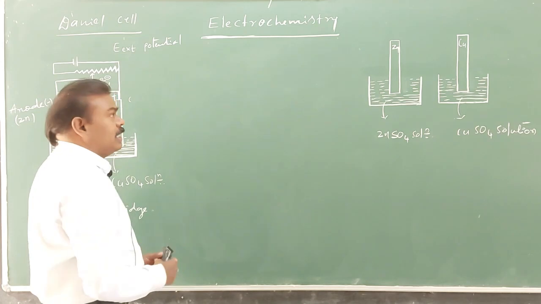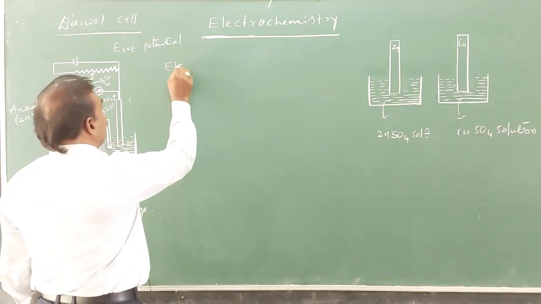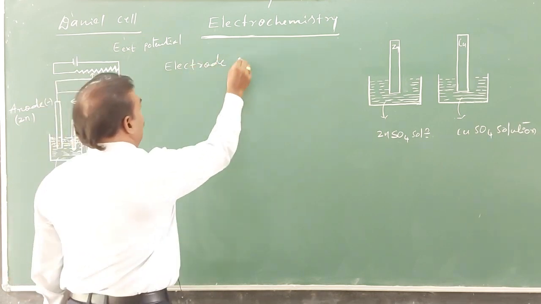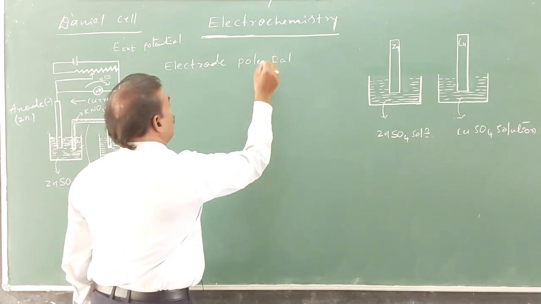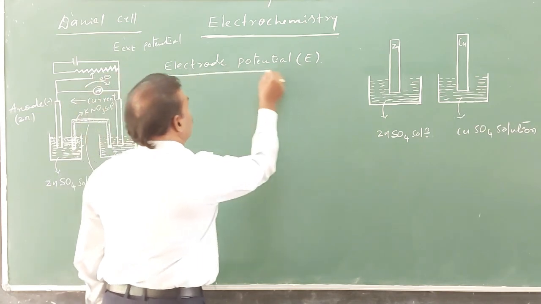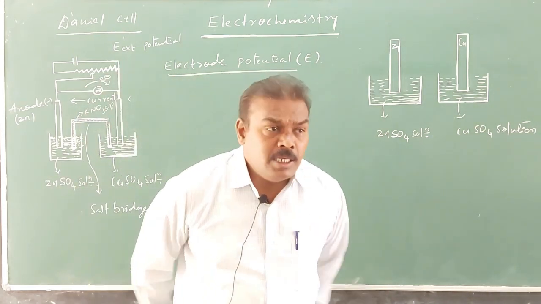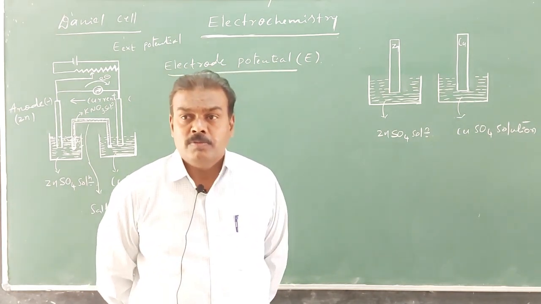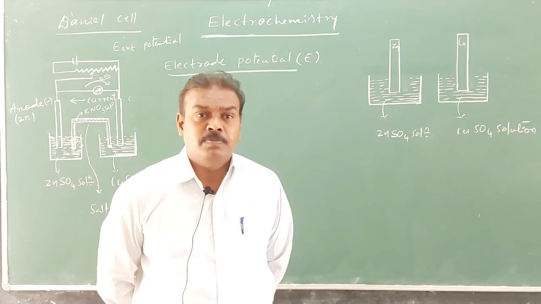Let us study terms like electrode potential. Electrode potential is given by the notation capital E. Already we studied what an electrode is, a single electrode, or it may be a half cell.